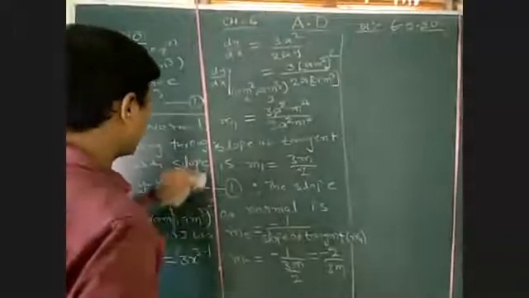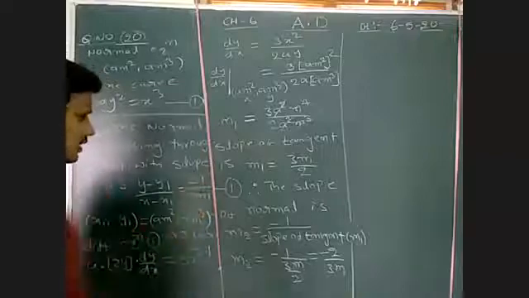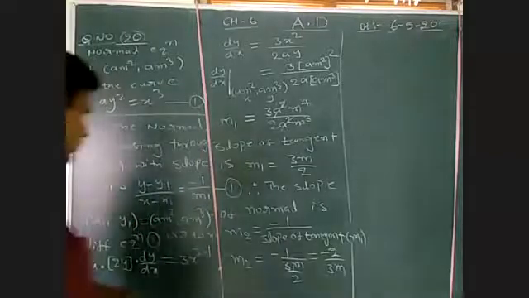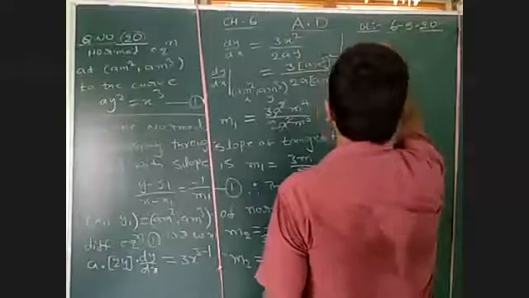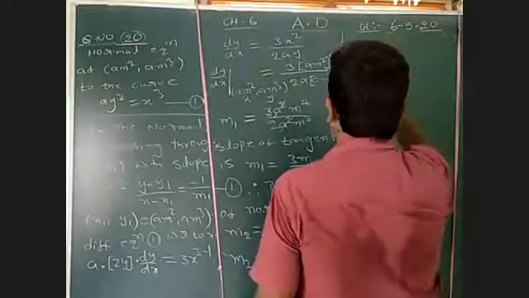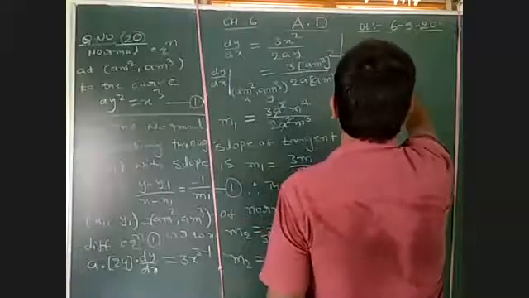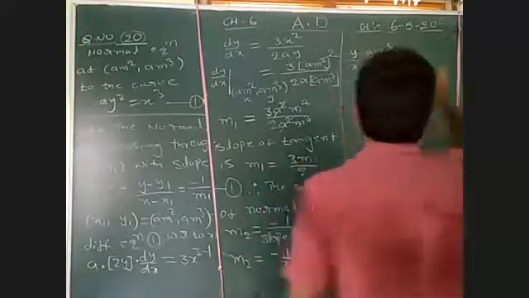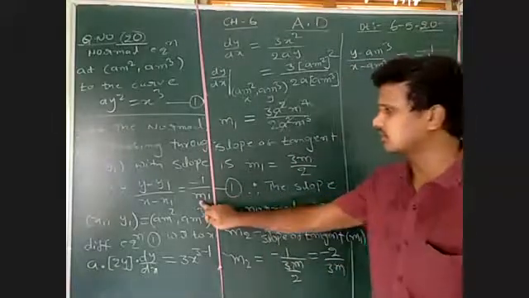Sorry, this value is actually m1, minus 1 by m1 otherwise. So finally y minus y1 value is a m cube by x minus a m square is equal to, okay, minus 1 by this is slope of tangent.